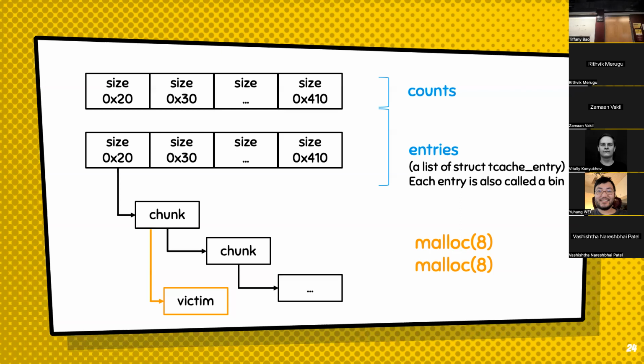Today's lab is the same as the one I'm showing in the video. For this lab, what you could do is forget about the purple chunk at all. So you have only one green chunk. You allocate it, you free it, so that it will be in tcache. If you look at the metadata, the second 8 bytes will be just 0, because this is the end of the chain.